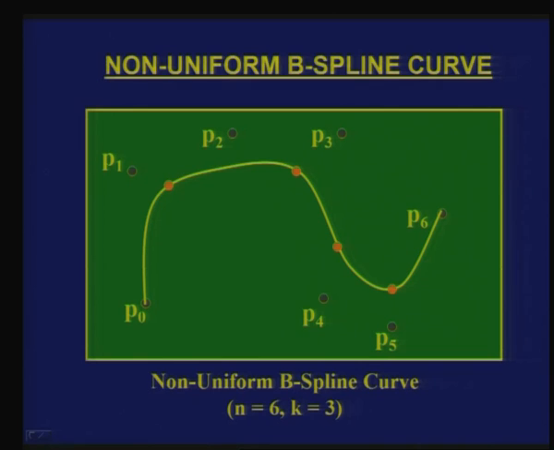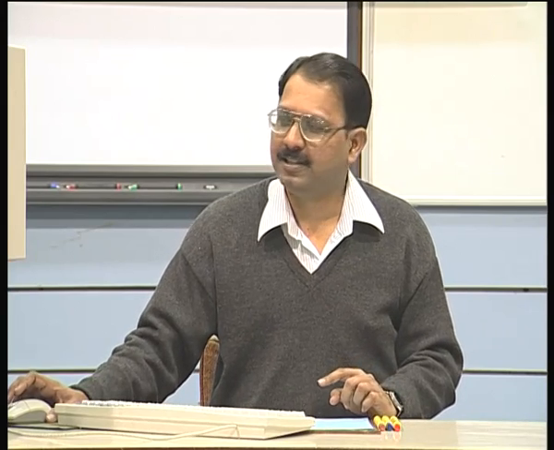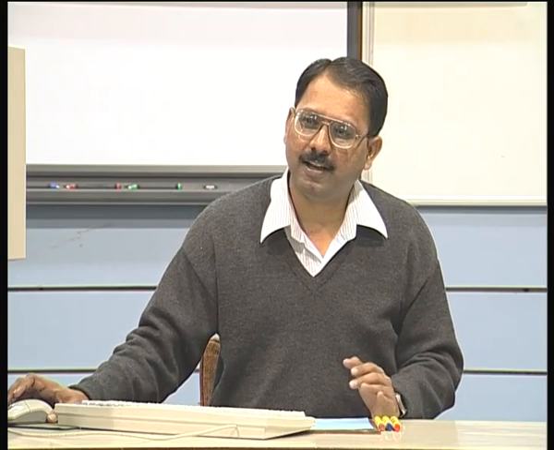P2 has influence on 3 segments. What about P3? P3 also has influence on 3 segments. P4 also has influence on 3 segments, whereas P5 has influence on only 2 segments and P6 influences only 1 segment. Since the influence of different control points is not uniform, you call it a non-uniform B-spline curve.